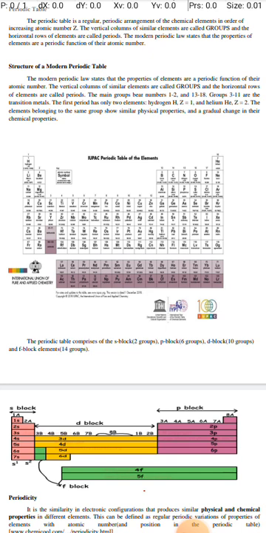Now, the vertical columns of similar elements are called groups, and the horizontal rows of elements are called periods. So let me quickly talk a bit on this. It is the periodic arrangement of elements in order of increasing atomic number.